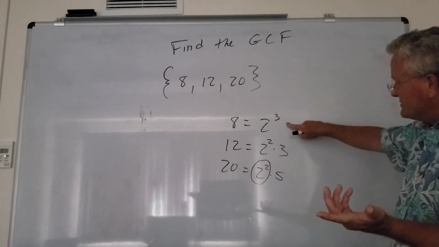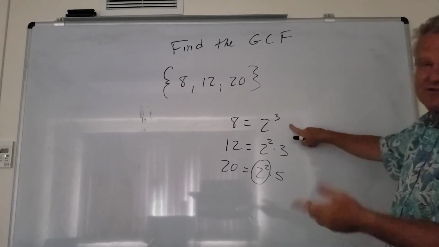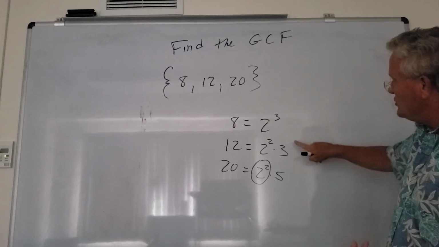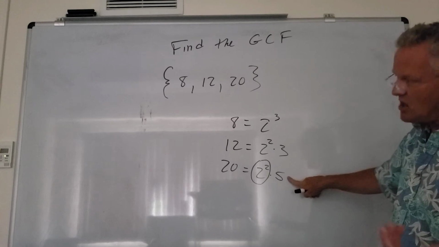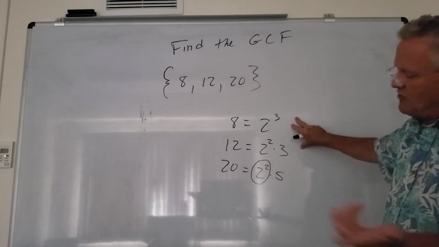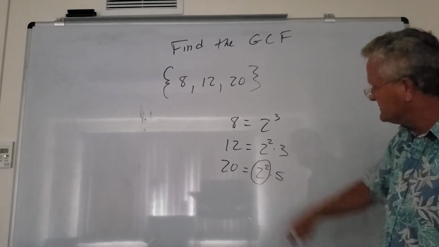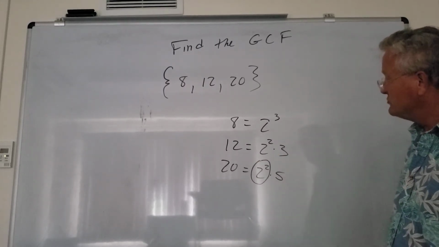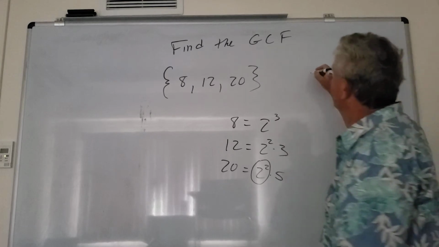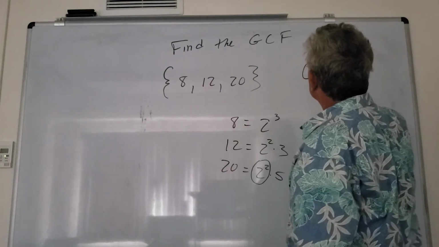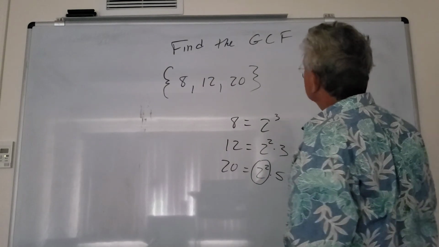No 3 is smaller than 1 3, but there's no 3 to circle. No 5 is smaller than 1 5, so we circle the no 5, but there's none there to circle. So this is the greatest common factor, 2 squared, which is 4. It's the same thing we got before, so the greatest common factor is 4.